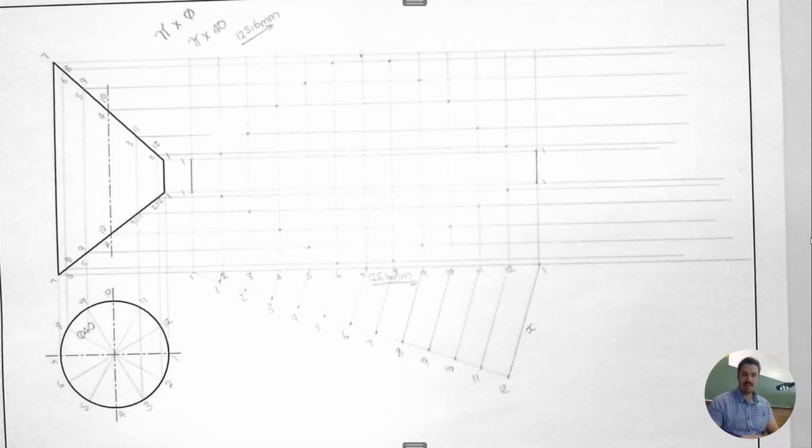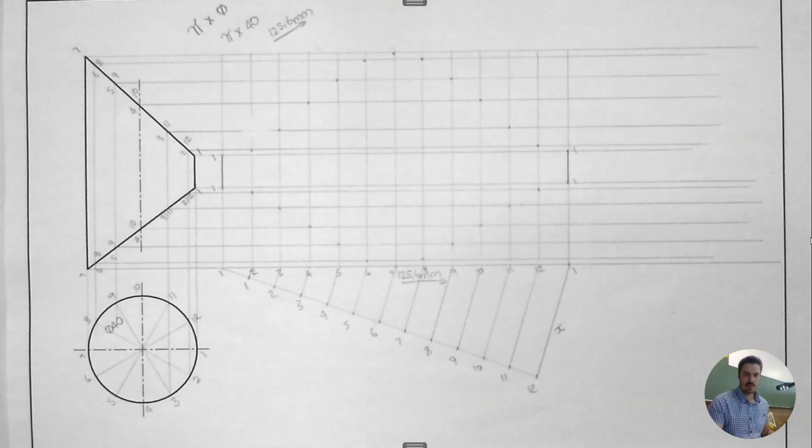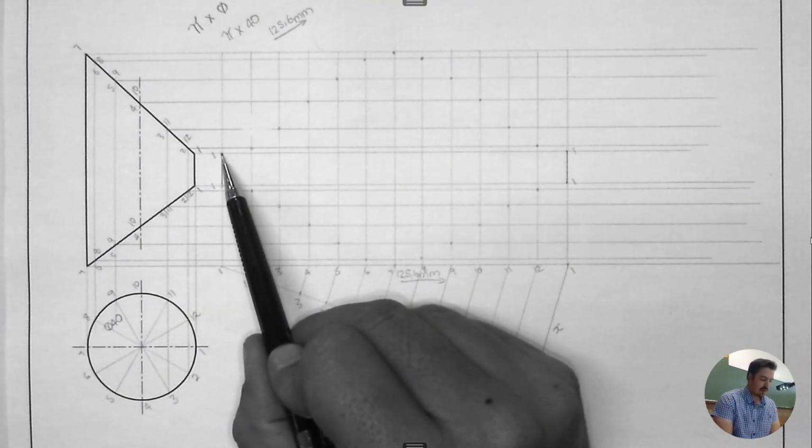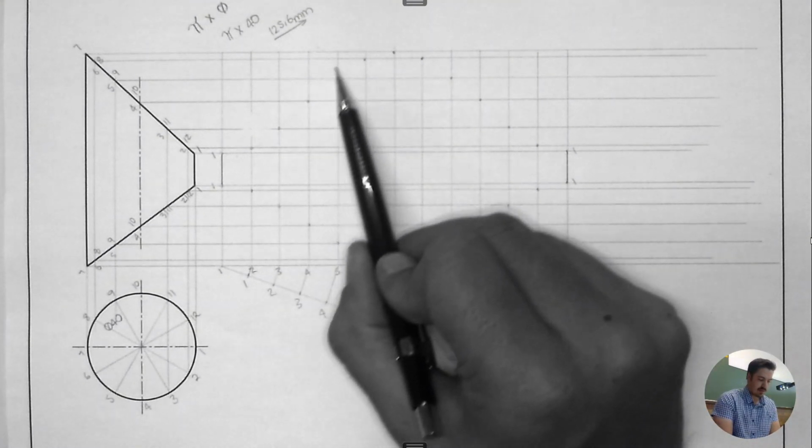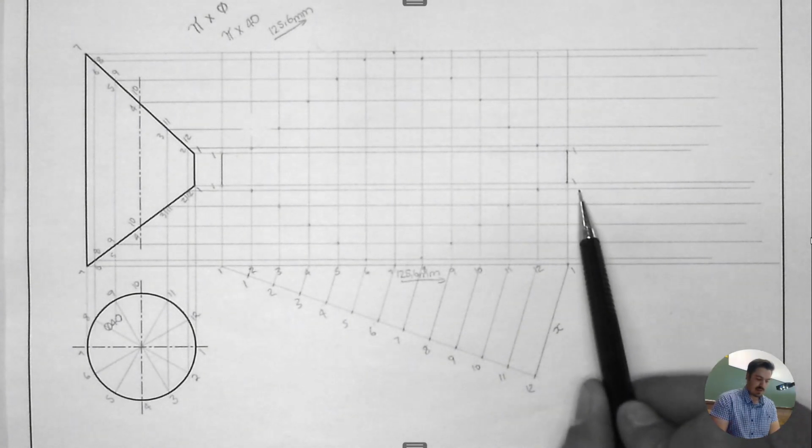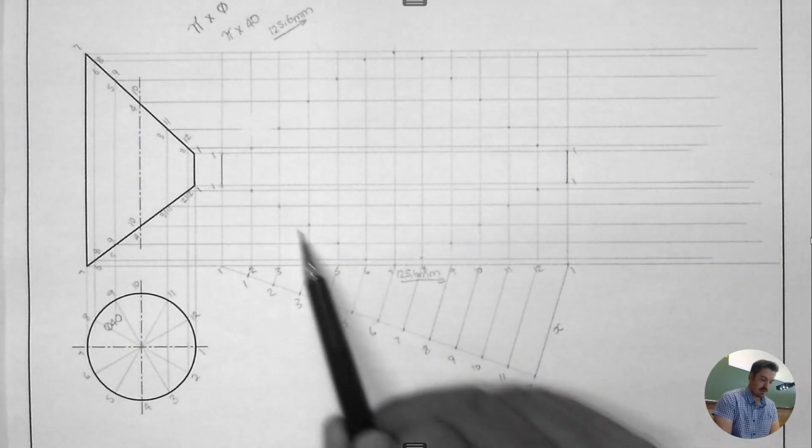And now we have a freehand drawing that we need to do. So from 1, you have to draw a freehand curve that goes all the way up like this, and a freehand curve that goes all the way like this.